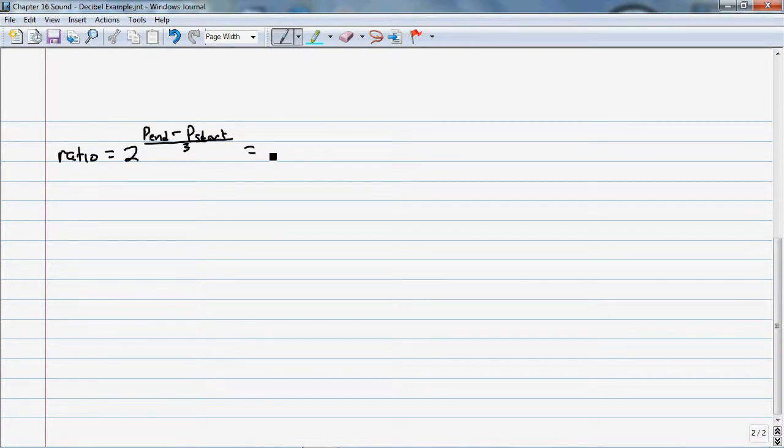So that's going to be 2 to the power of (15 minus 24) divided by 3. 15 minus 24 is minus 9. Divide that by 3. So that's going to be 2 to the negative 3. And that's equal to 1/8, or 0.125.